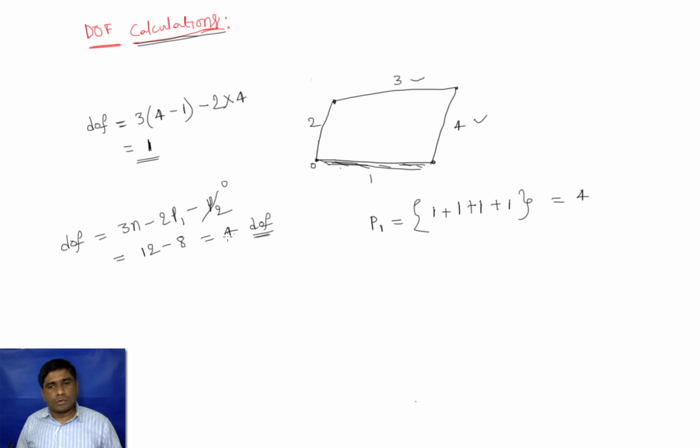So what does it mean? We already defined what the degree of freedom is. The degree of freedom is the possible movement of the link, output or input. For example, for a given input motion, if you want to find out how many output motions are possible, we need to find out the degree of freedom, and that turns out to be 1.